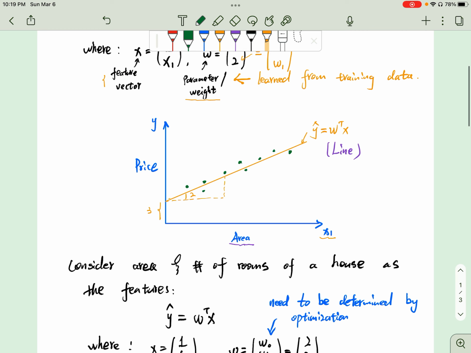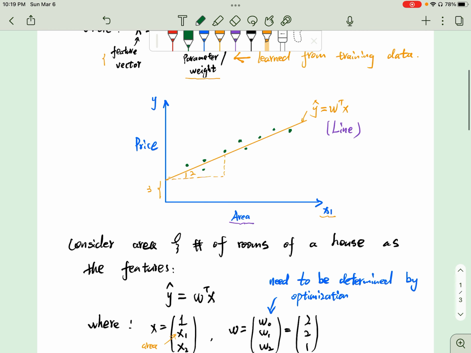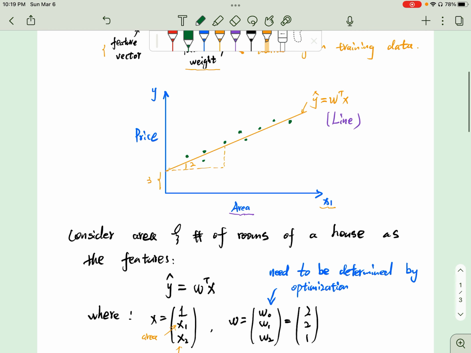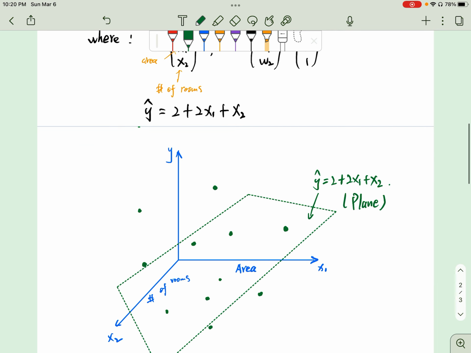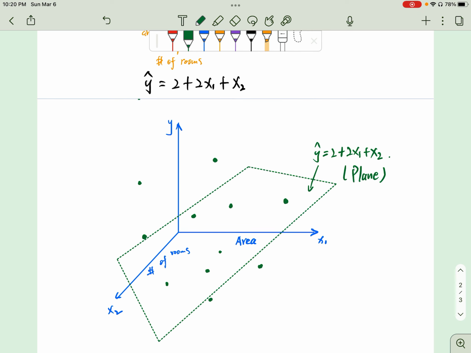So we can see if we have one feature, our prediction is a line. If we have two features, our prediction goes to a plane here in 3 dimensions.